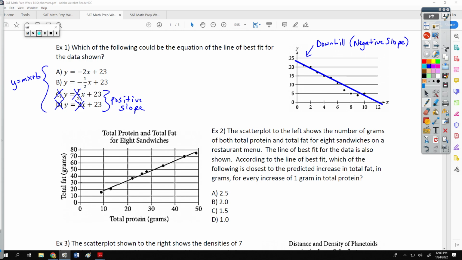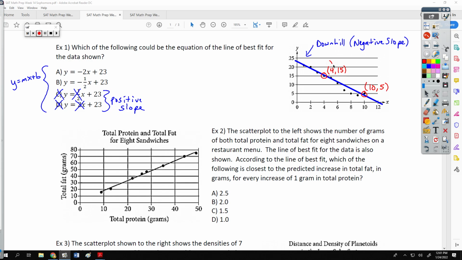Now from there, what I suggest is that you grab 2 points from the data, and it doesn't matter which two, so that you can get an approximate slope. And actually, now that I look at it, I think I'd rather use this one, which is the point (4, 15), and this one, which is the point (10, 5).